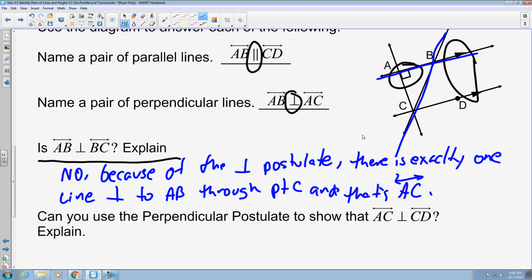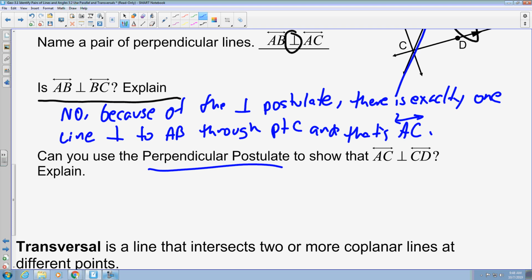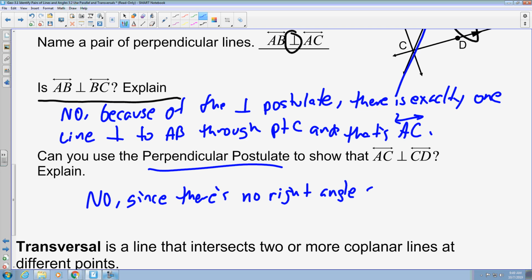It appears that it could be, but to show that it's through that postulate, the answer is no. The reason why the answer is no is since there's no right angle symbol, there's not enough info.